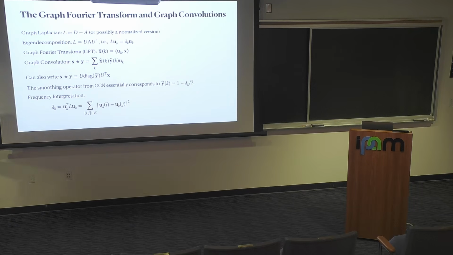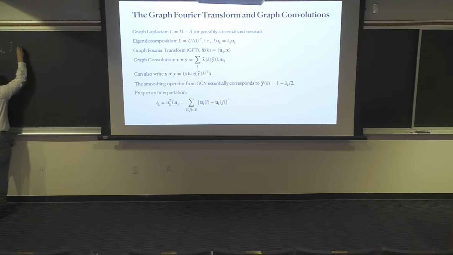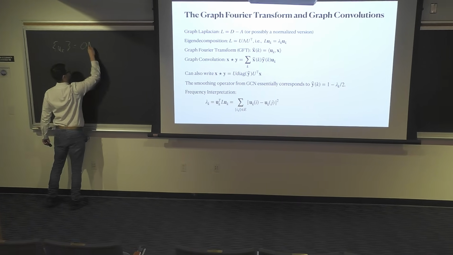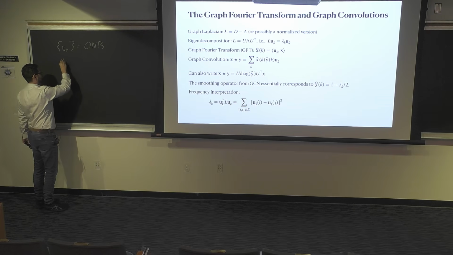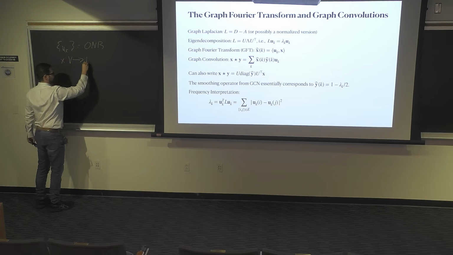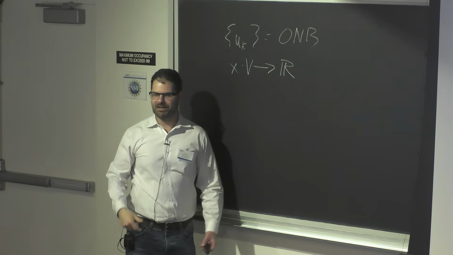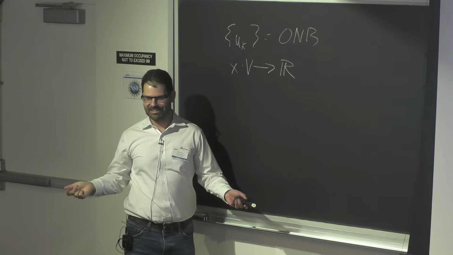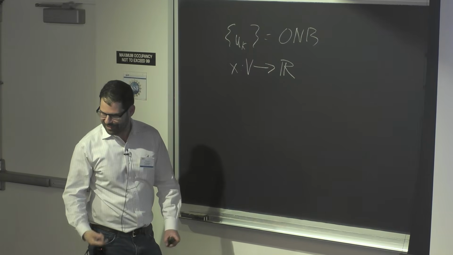So the set of u_k, the set of the eigenvectors, are an orthonormal basis. Sorry, yes, this is an orthonormal basis.